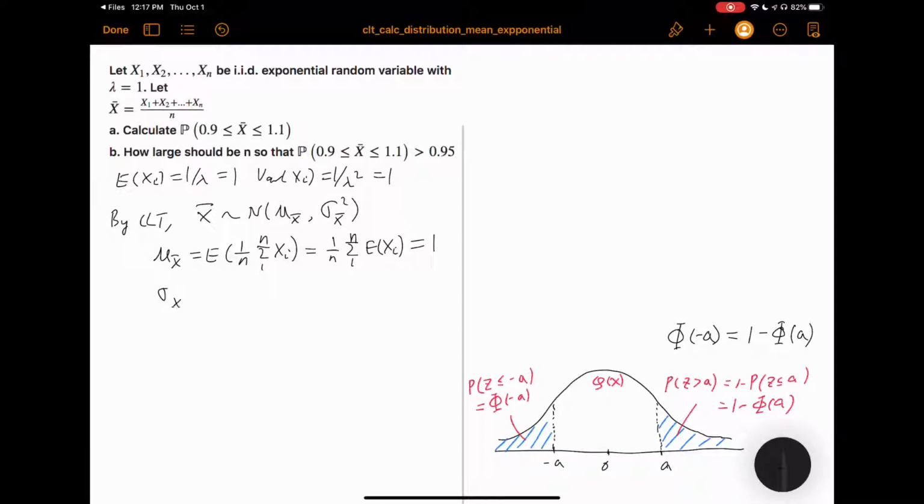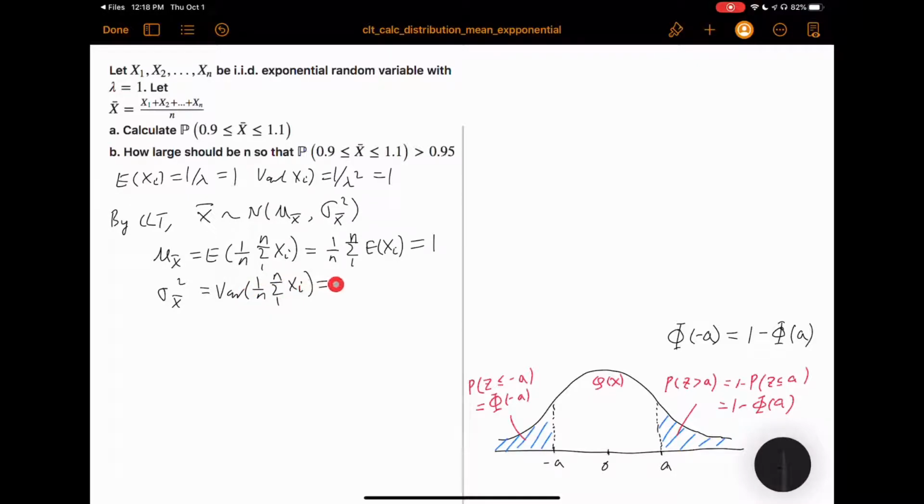Now, sigma X bar squared is equal to the variance of 1 over n summation 1 to n of Xi. First recall, when you take the variance of a constant multiplied by a random variable, you can move the constant outside the variance, but you have to square it. And if you take the variance of a summation of independent random variables, you can move the variance inside of the summation.